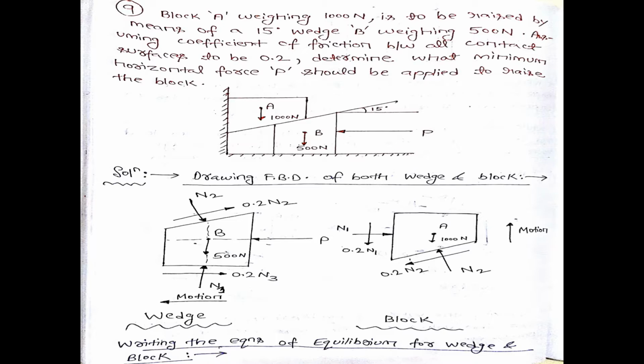From the given diagram it is very clear that block A is nothing but my load, which I need to raise up with the help of a wedge, which is my second block, that is block B. The weights of both blocks are given to you, that is 1000 Newton for block A and 500 Newton for block B. Definitely those weights will act from the center of gravity of the two blocks.